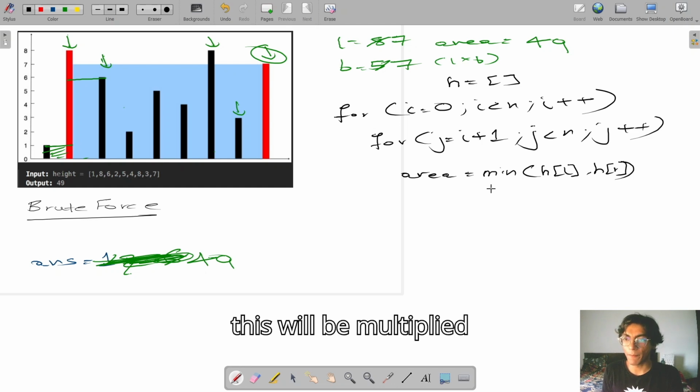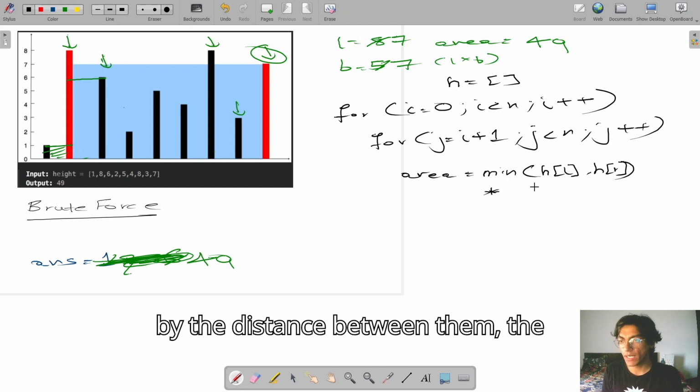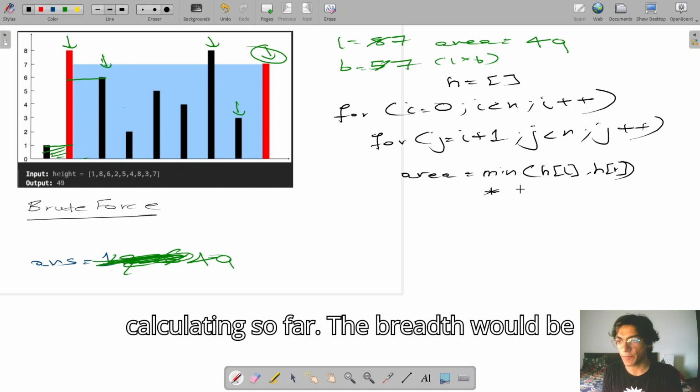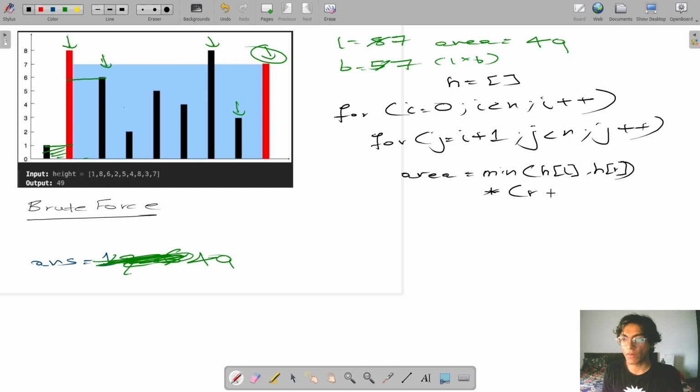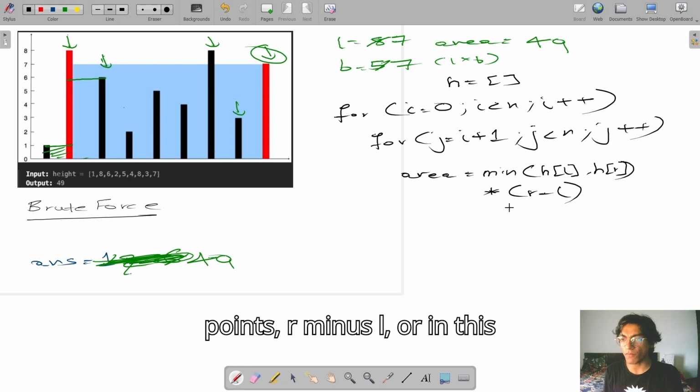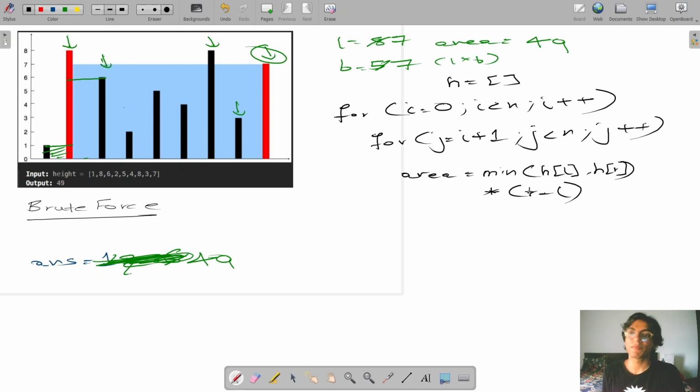This will be multiplied by the distance between them, the breadth, right? This is what we've been calculating so far. The breadth would be simply the difference between the 2 points, r minus l, or in this case, j minus i.